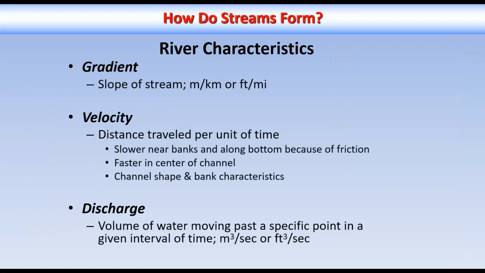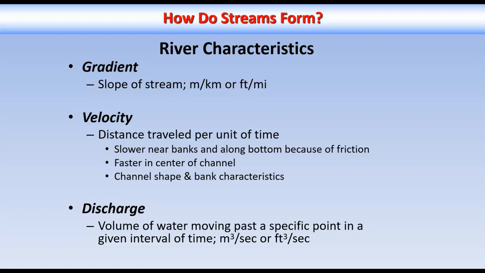All right, so I've been mentioning some terms. Let's finally define some of those. So gradient is steepness of the slope, right? It's usually given, especially here in the US, in feet per mile. And so if something is 2 to 3 feet per mile, that just means that for every mile you go horizontally, there's a 2 to 3 foot elevation change.